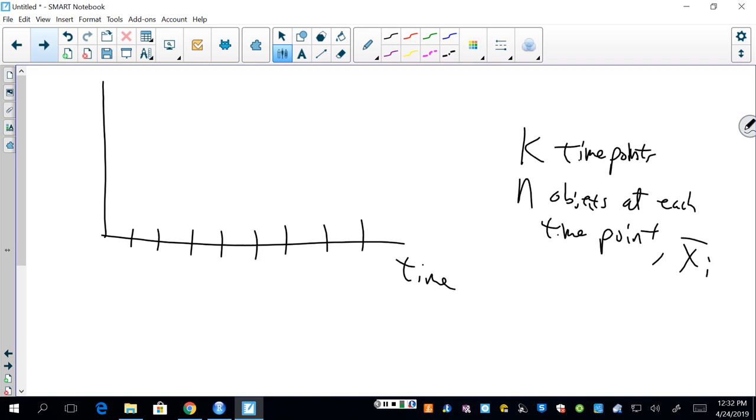We're going to plot these X bars over time, moving around.